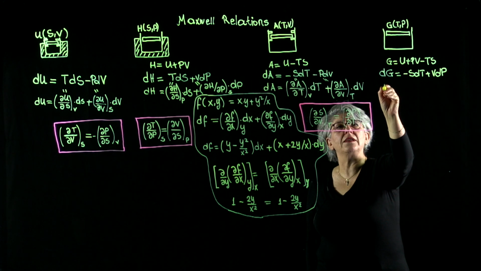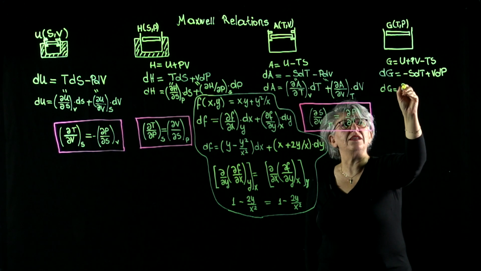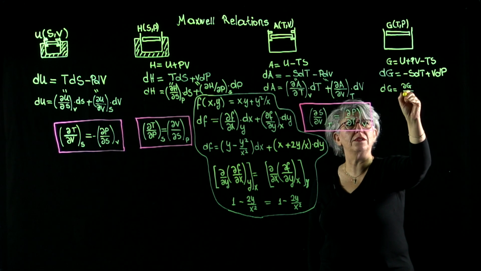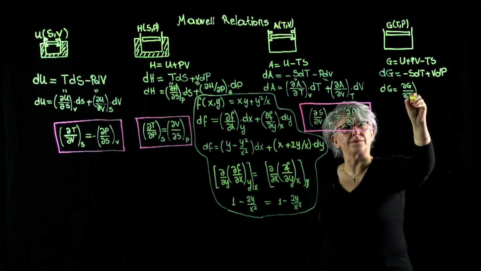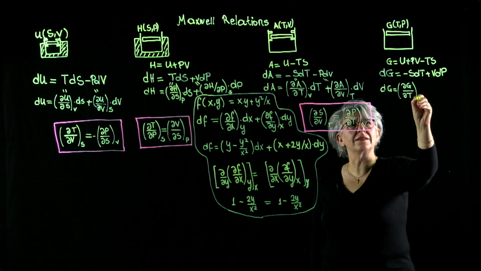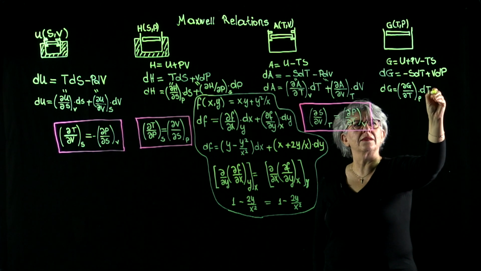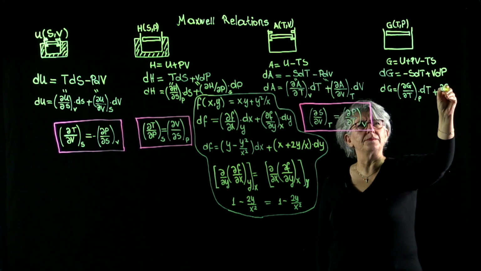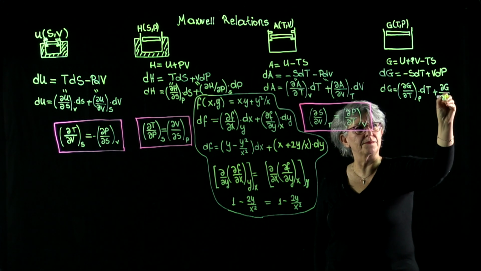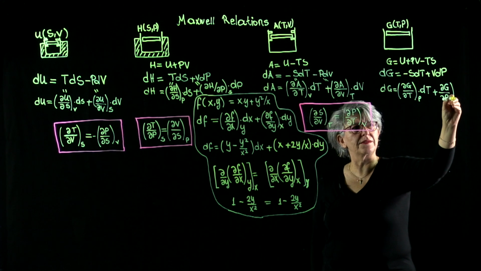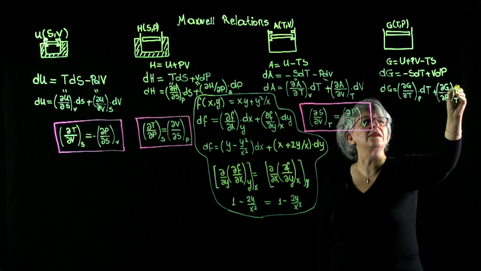So dG is equal to del G over del T at constant P times dT, plus del G over del P at constant T dP.